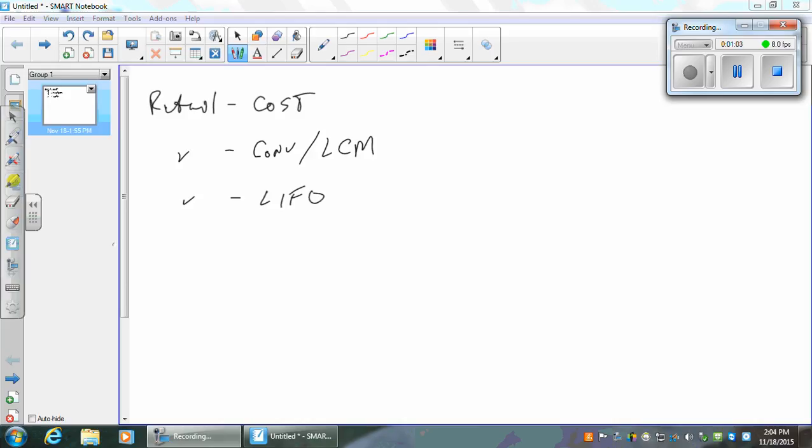Okay, and then there's one that's LIFO. And then we've got dollar value retail LIFO, or however you want to write it. Okay, that's the other one.